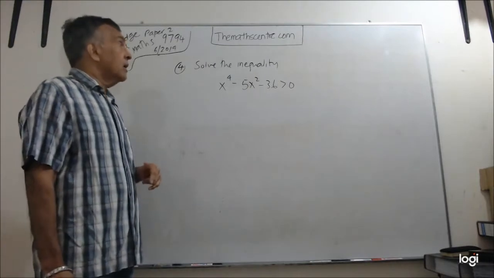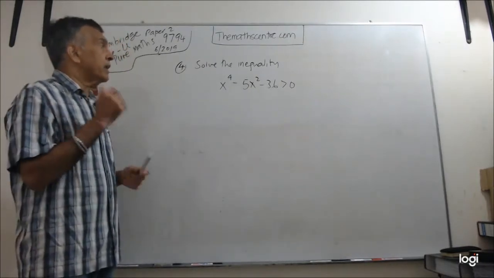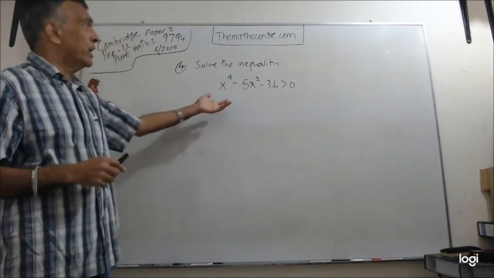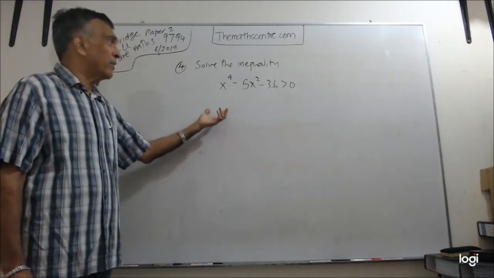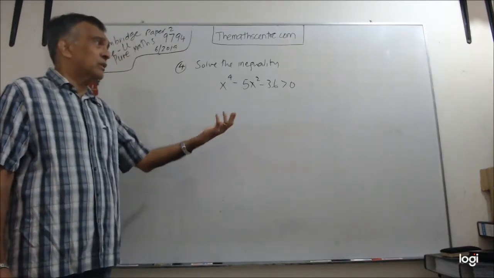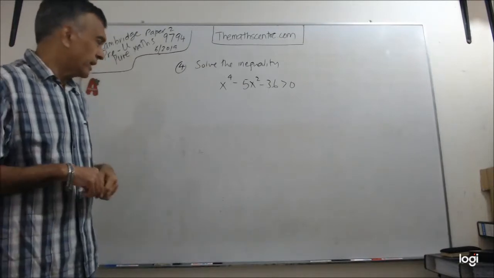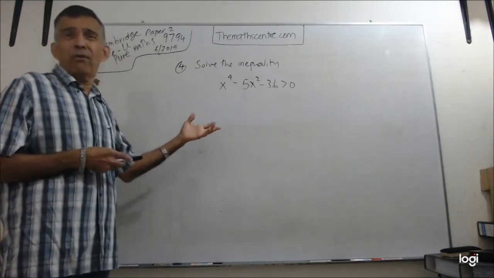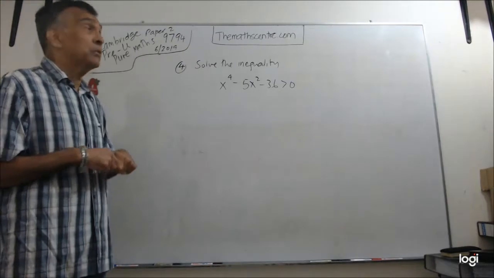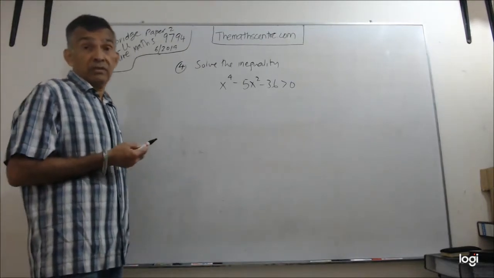So here we have an inequality, and we have x to the power of 4 minus 5x squared minus 36. If you find this x to the power of 4 a bit troublesome, I would suggest you use a substitution.